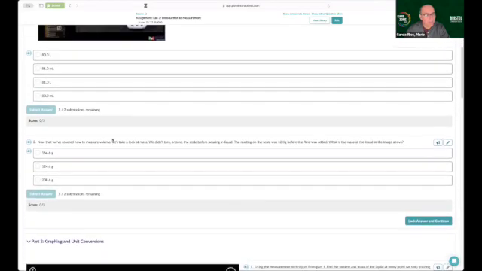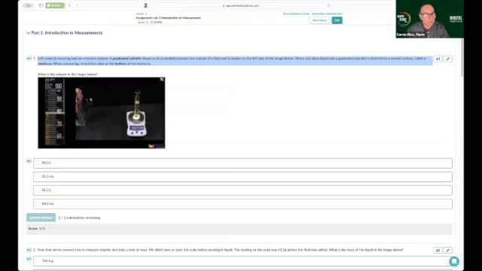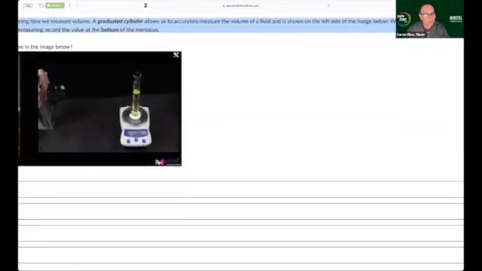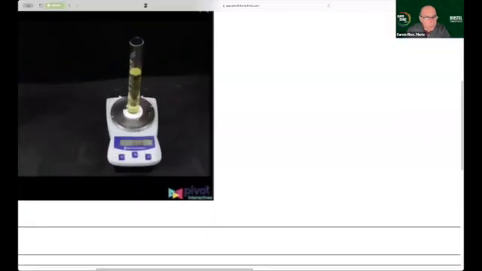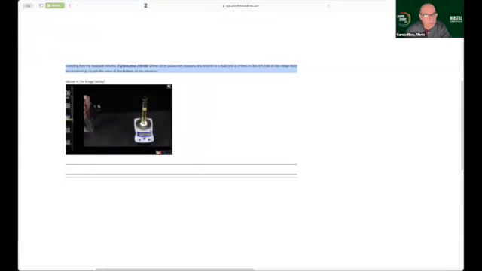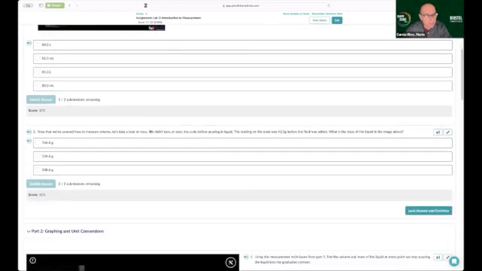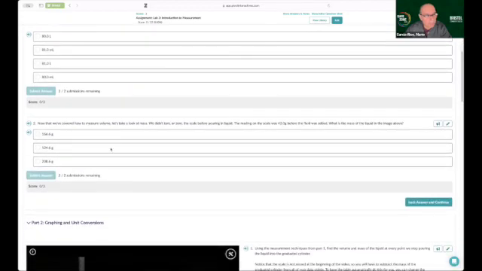Now there's a second question in which you're supposed to read the scale's output, which if you zoom into it, you can see is 166.6. The units are not visible. They're always going to be grams, and you make your choices from here.